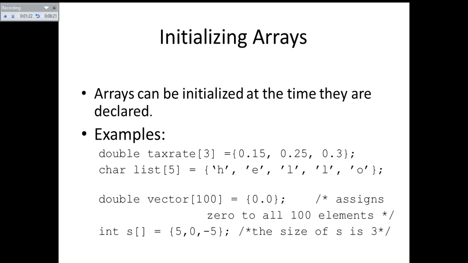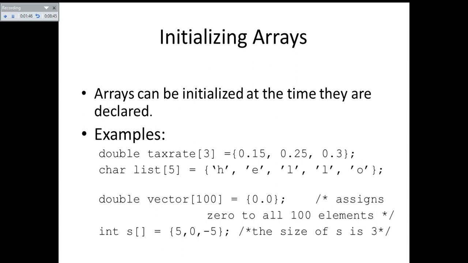We need not give the values inside single quotation marks, but when you initialize character arrays, we have to specify the individual characters in single quotes, otherwise it will be incorrect.